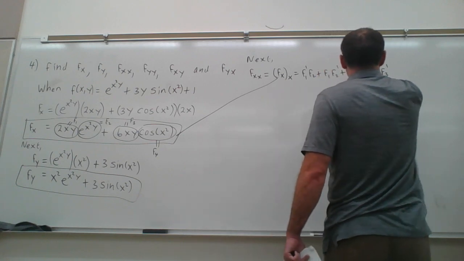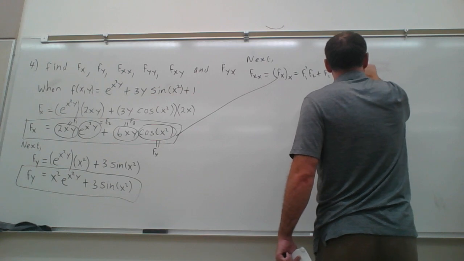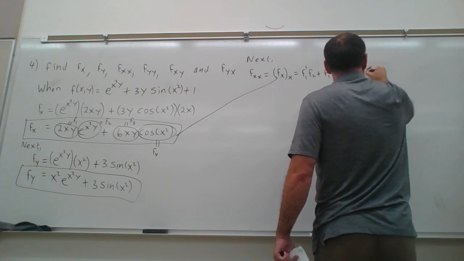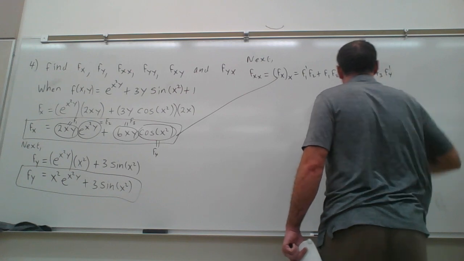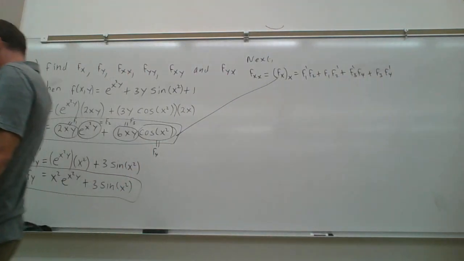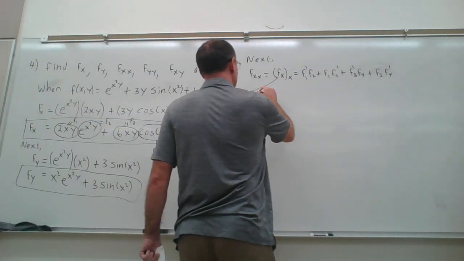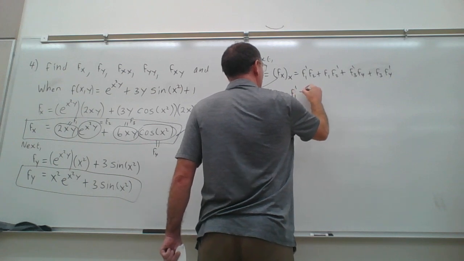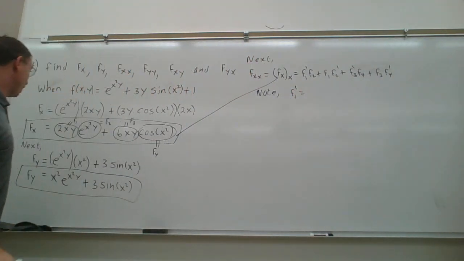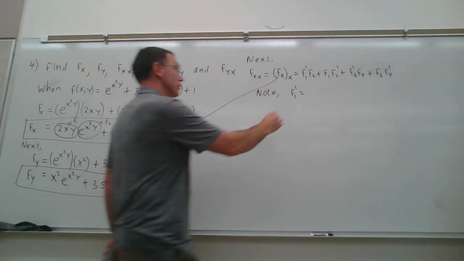Oh, sorry, I mixed up these letters. So it's f3 and f4. So f3 prime times f4 plus f3 f4 prime. Okay, so that's by product rule. And note then that f1 prime, so f1's over here. The prime means with respect to x, so going to this guy with respect to x will be 2y.